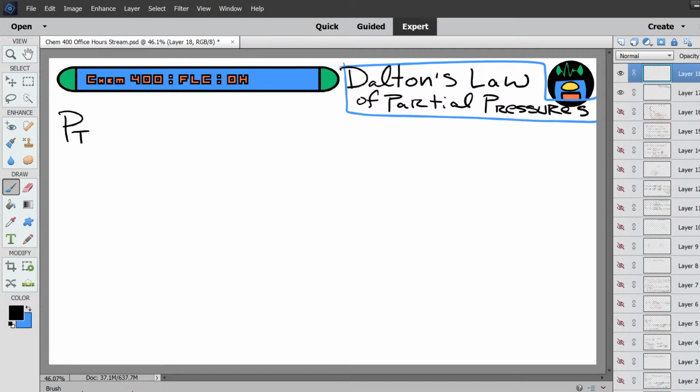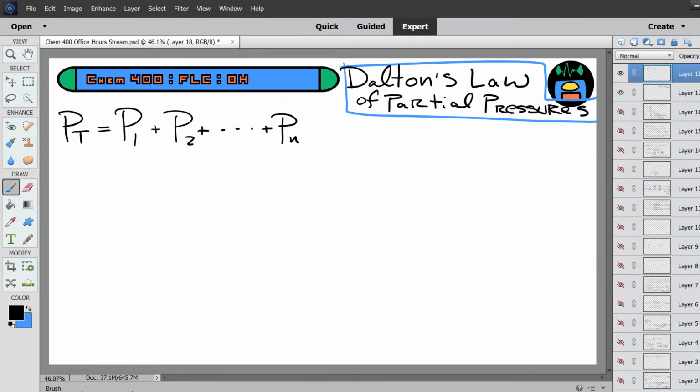The total pressure of a mixture of gas is equal to the partial pressure of the first gas plus the partial pressure of the second gas plus ... the partial pressure of the nth gas, however many gases are present in this mixture. All right, so that's one formulation of Dalton's law of partial pressures.